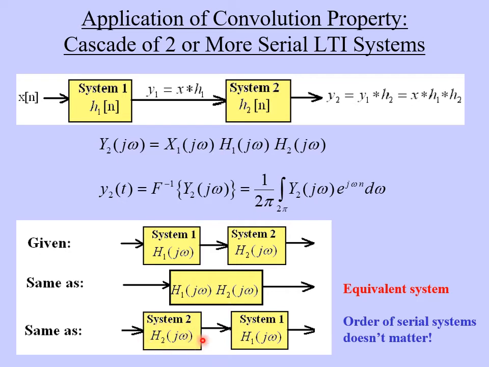Now notice we have subsystem 2 before subsystem 1, and this is exactly equivalent to this right here, where System 1 was first and System 2 was last. So what this means is that whenever we have systems in series like this, the order of a serial system doesn't matter. It doesn't matter which one comes first.